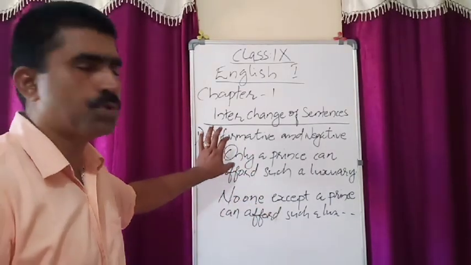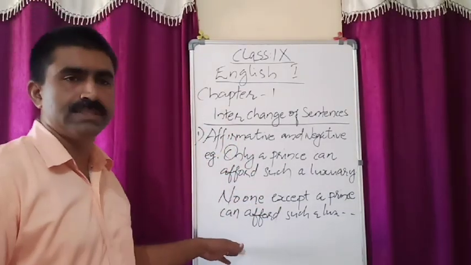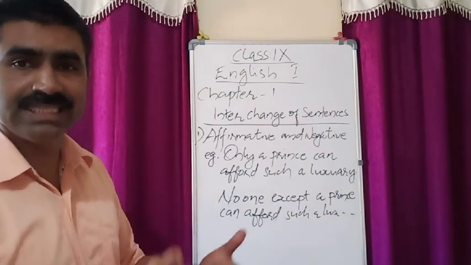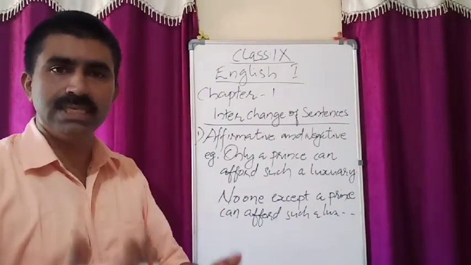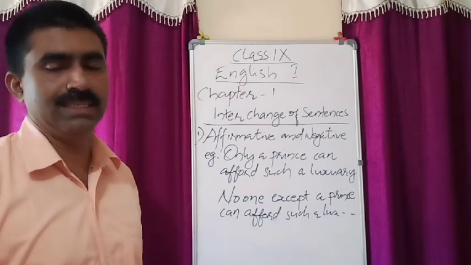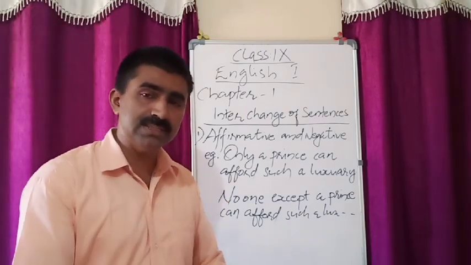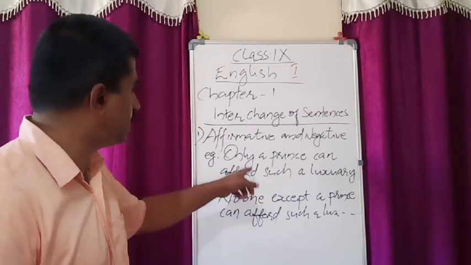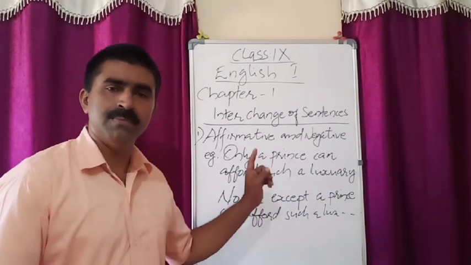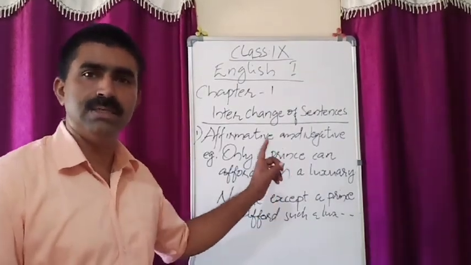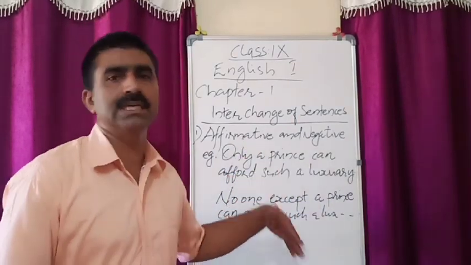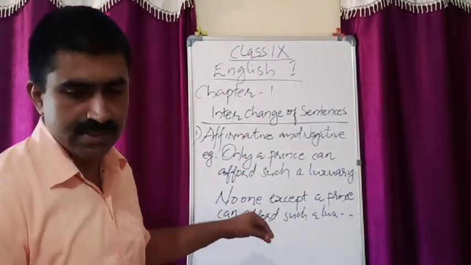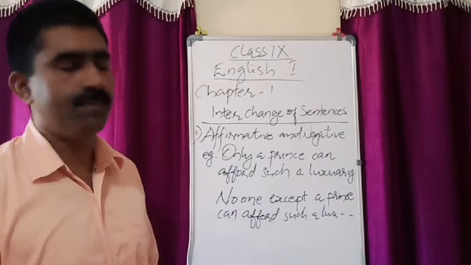So the first one is a positive sentence, the second one is a negative sentence. We interchange positive into negative without changing the meaning. That is the important thing. There is no change of meaning, only the sentence form is changed. The first is positive, the second is negative. That is an important change.